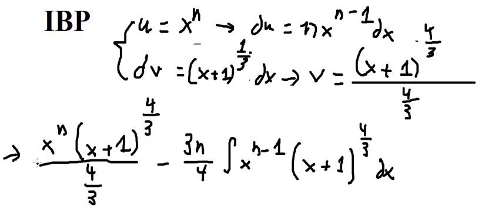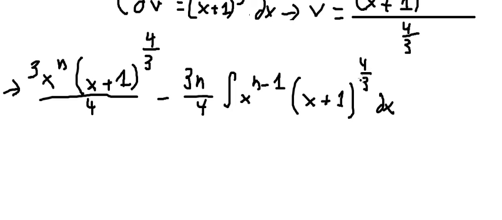This one we can change into 3 over 4. Now, this one we have s plus 1 to the power of 4 over 3. That is 1 plus 1 over 3.